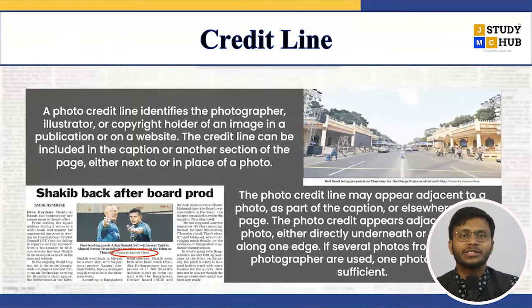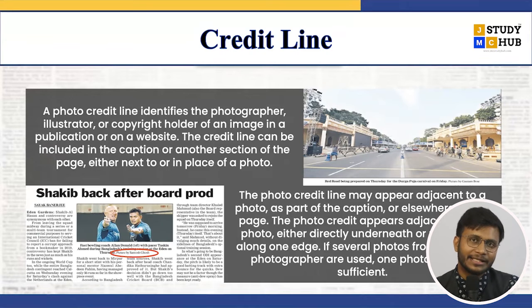Next important terminology is the credit line. A credit line is like giving credit for a particular item, which could be news, music, or anything else. It is giving the credit to the photographer or the source of a picture in the newspaper. It's a small note often found near a photo that tells you who took this picture or where it came from.